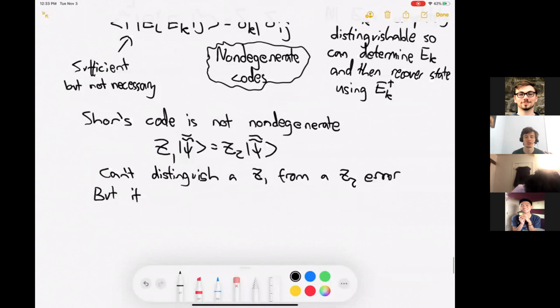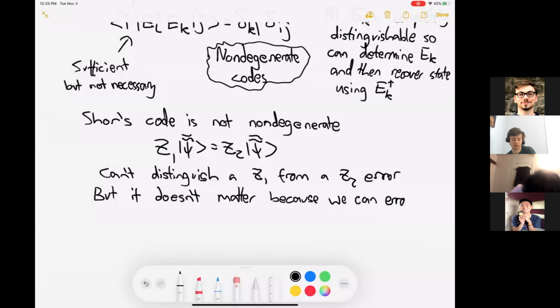It's not just that they sometimes do the same thing and sometimes do different things. They always do the same thing. And so we can error correct both in exactly the same way. You can use the same operator, Z1 or Z2 either works, or Z3 even, will recover the original state.